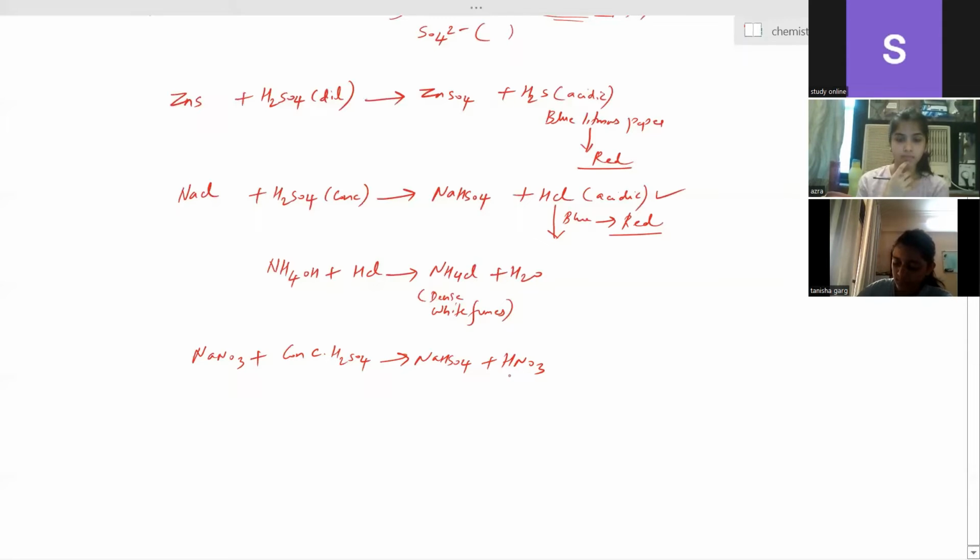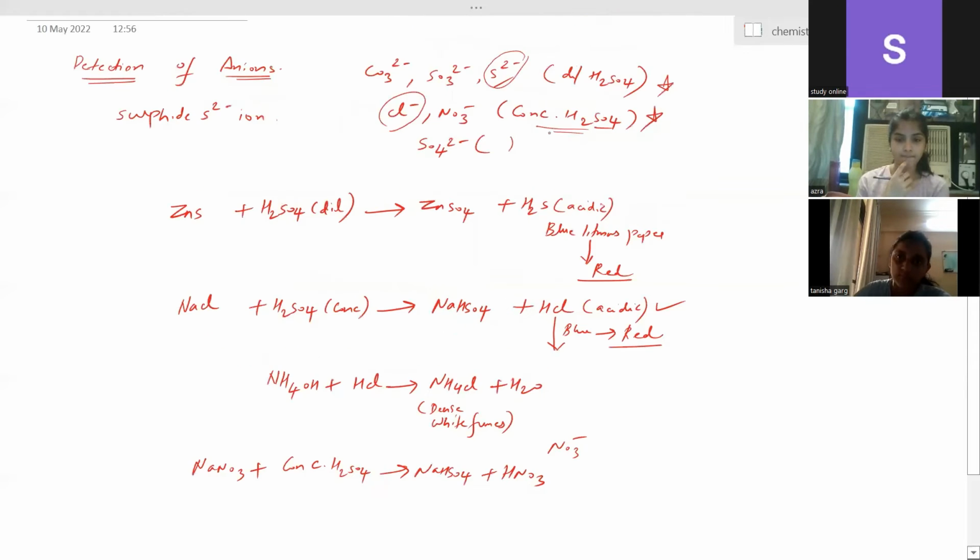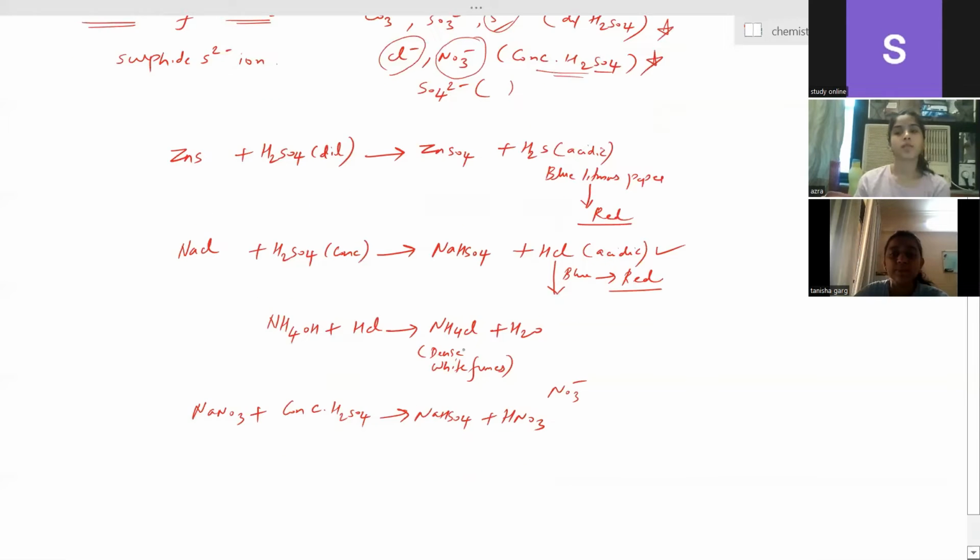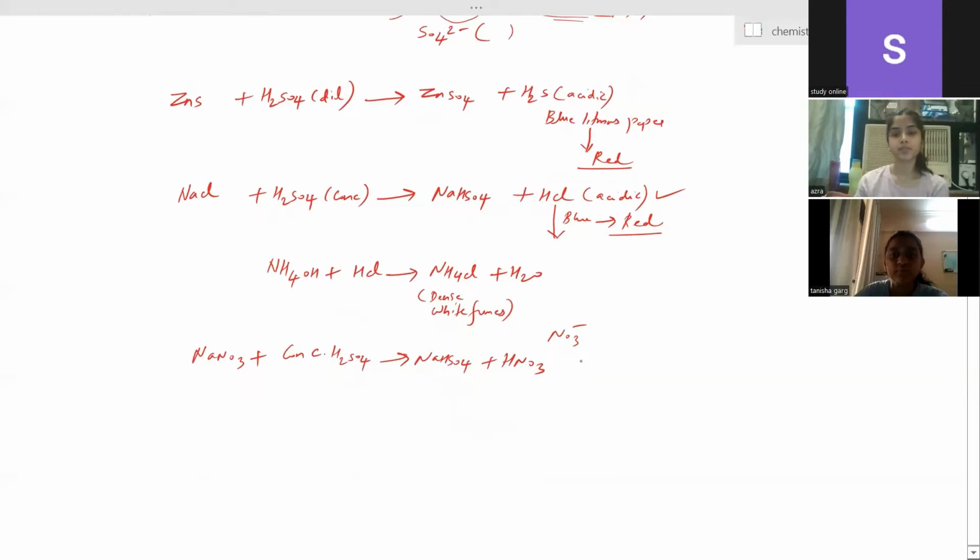How can we distinguish whether it is nitrate anion? If you are getting some kind of gas, which gas? Nitrogen dioxide. What is its color? Reddish brown fumes. Perfect.